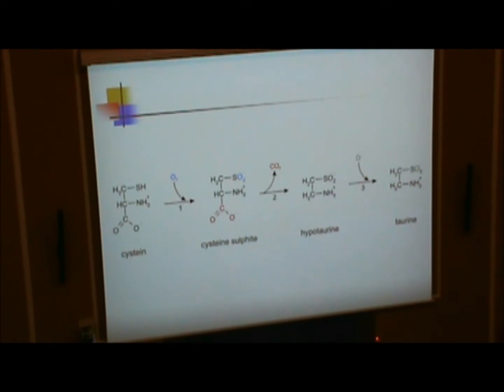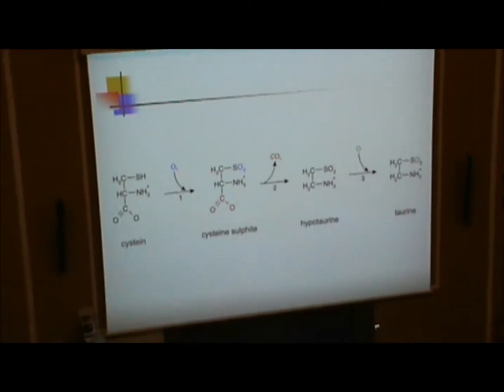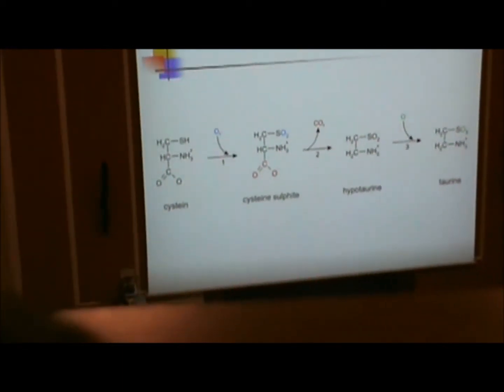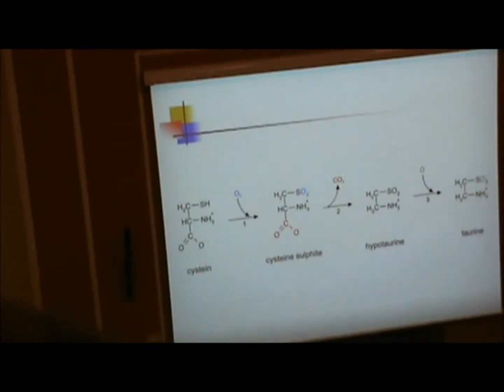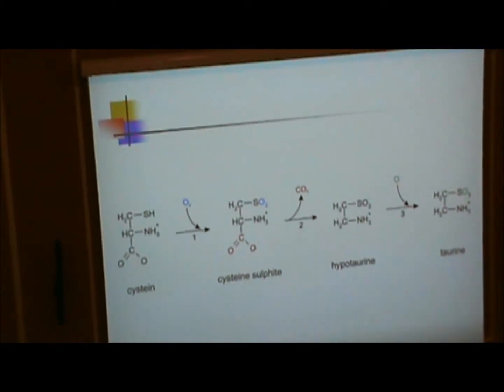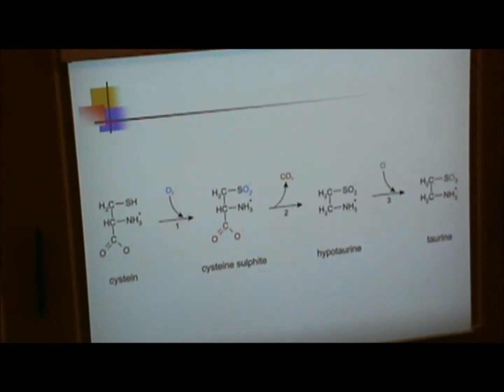The carboxylic group is released in the form of carbon dioxide and it is converted into hypotaurine. In the next step, the SO2 group of hypotaurine is oxidized to SO3 group, forming taurine.